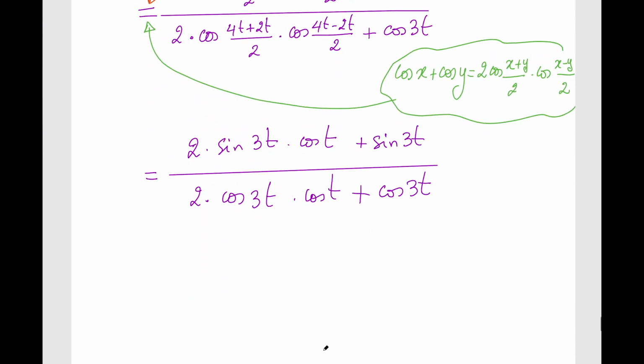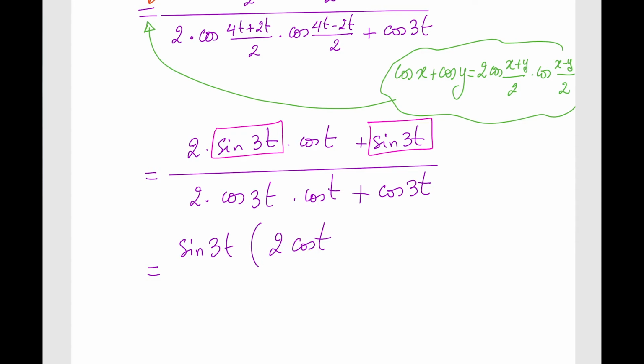Now I observe that I can factor out sine 3t upstairs. I have this as a common factor upstairs, so I can push it outside. Sine 3t times (2 cosine of t plus 1). If you factor out sine 3t upstairs, you get this.